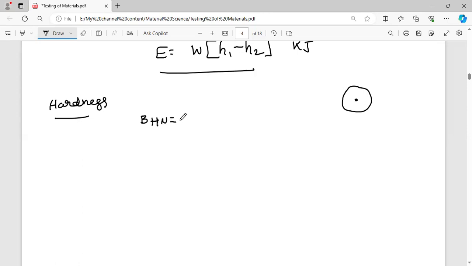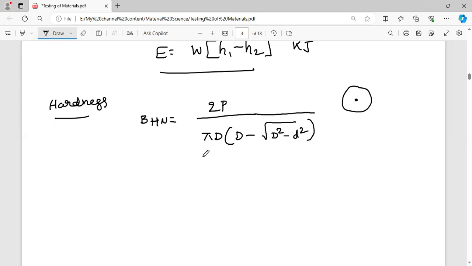The Brinell hardness number is 2P divided by πD into (D minus the square root of D squared minus d squared). Here P is the load acting on the body, on the material.